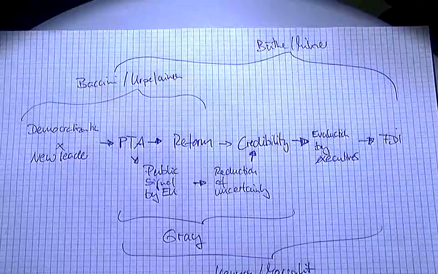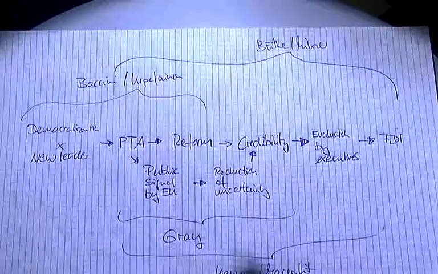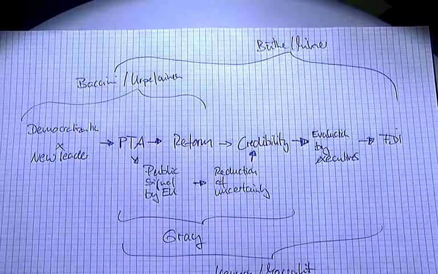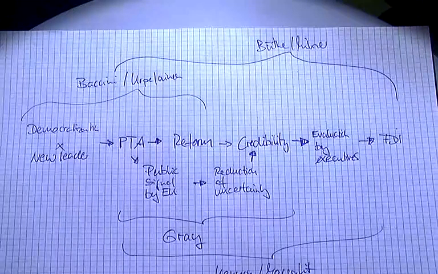So we've got 1, 2, 3, 4 studies that seem independent, right? But they actually all speak to the same big question. Why do we have PTAs? Why do we see the sudden explosion of preferential trade agreements? And what's their effect, politically and economically? So this is how you should read these papers.